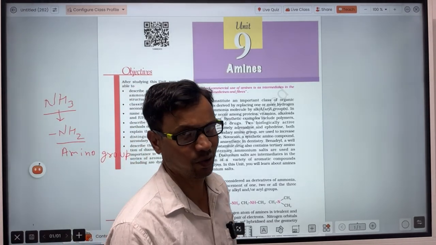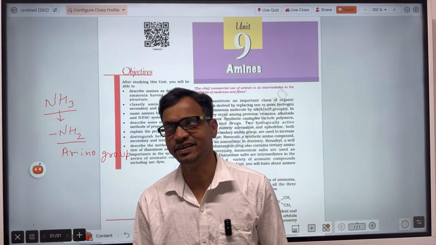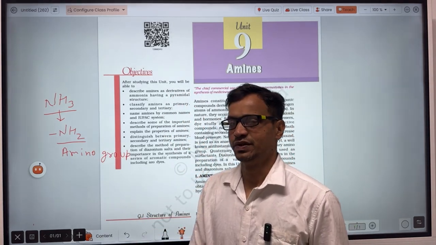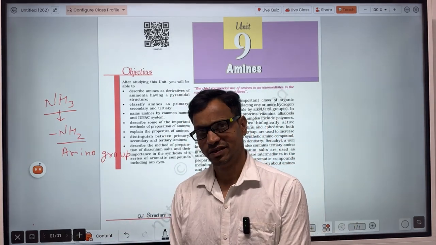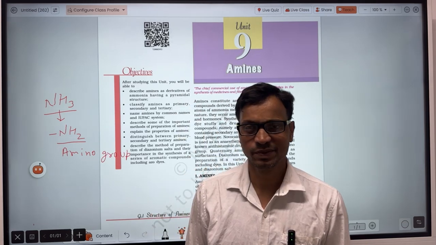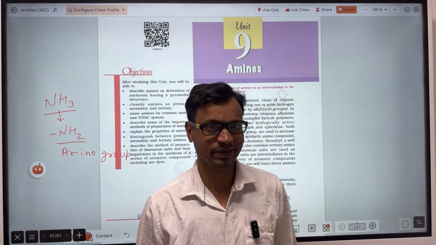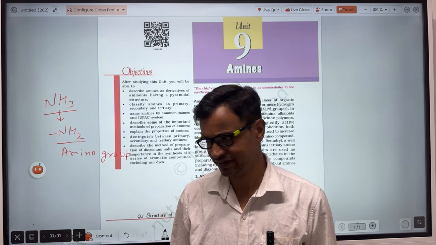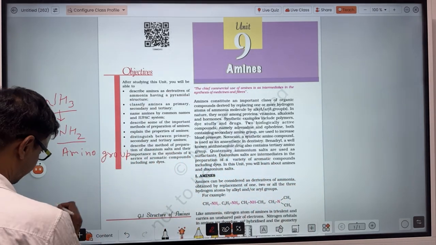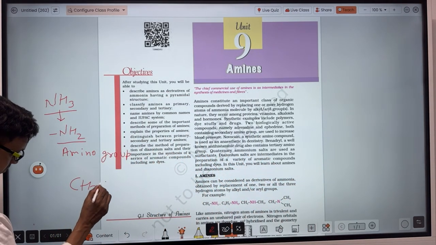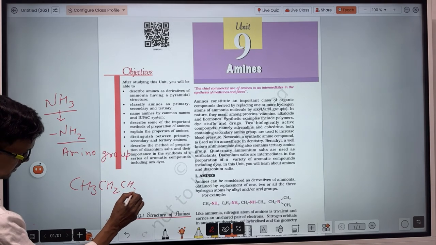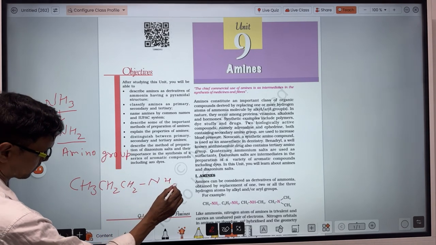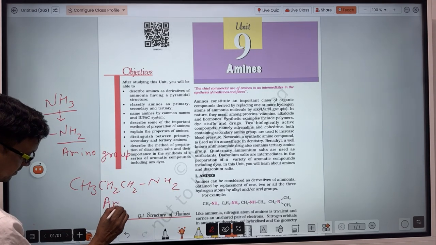And when this amino group is bonded to an open chain hydrocarbon or a closed chain hydrocarbon, then the compound is called an amine. Like this compound here, it is called an amine.